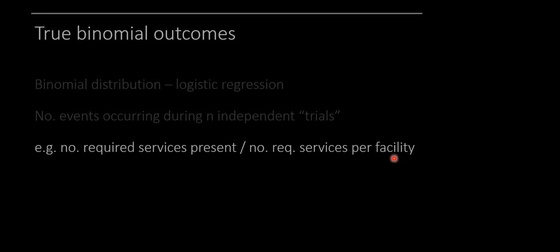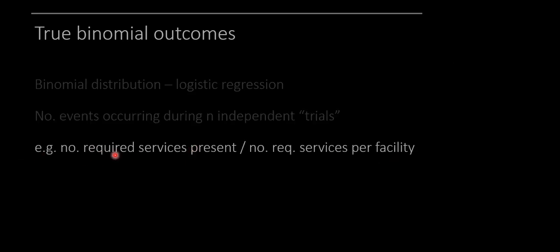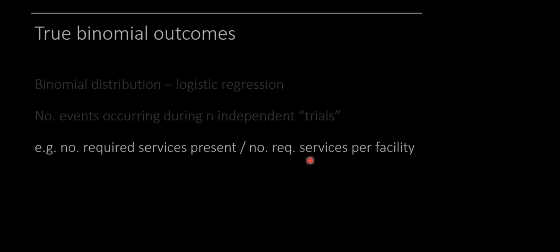That would be a true binomial distribution, because for each facility you'd have a certain number of events, the number of services present, out of the number of trials, which would be the number of required services. So that will be out of your total.